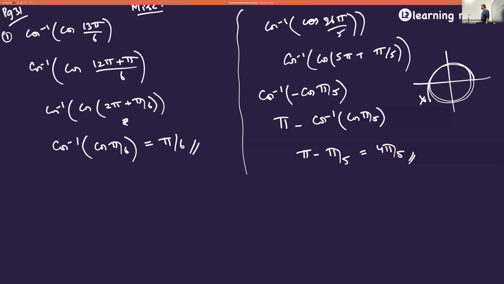So it is 4 pi by 5. Is 4 pi by 5 less than pi? Obviously, because the numerator is less than the denominator. So these kinds of problems we'll be able to handle, no? Shall I proceed? Yes, sir.